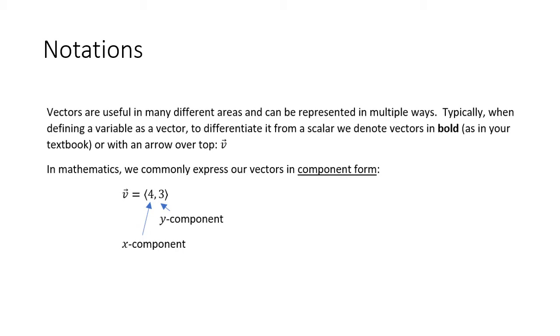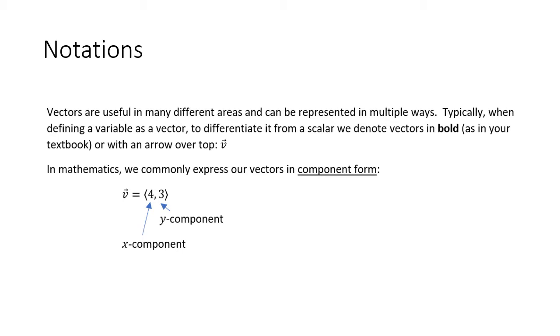I am almost always going to put the arrow over top, especially when I'm taking notes or doing work, because I need to make sure I differentiate between my scalars and my vectors. And because my pencil, when I'm taking notes, does not have an option to write in bold, the arrow over top is the easiest way to do it. You want to make sure that you are being disciplined and putting that arrow over top for your vectors, just so you don't make little mistakes and get an entire problem wrong because you accidentally considered a vector to be a scalar or vice versa.